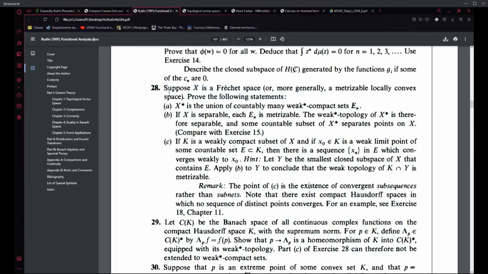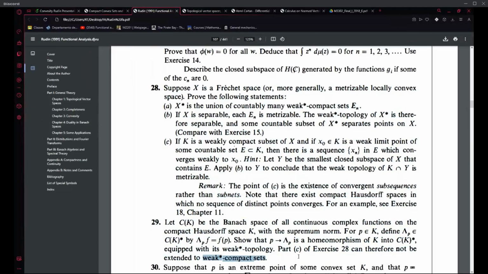But in the weak topology, at least, you can actually get a result of converging subsequences rather than subnets, which is the general setting, and which surprisingly can't happen for the weak star topology.